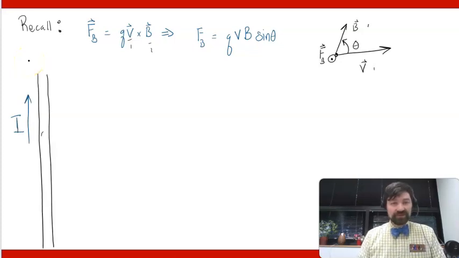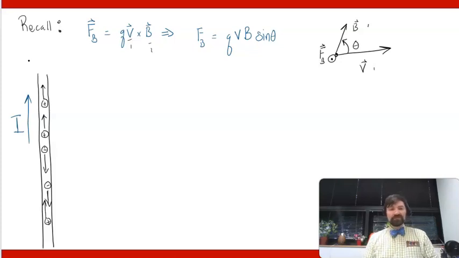Microscopically, it means we have a bunch of charges within the wire that are all moving, such that negative charges move against the direction of the current and positive charges move with the direction of the current. So you end up with a system like this where there are negative and positive charges moving.